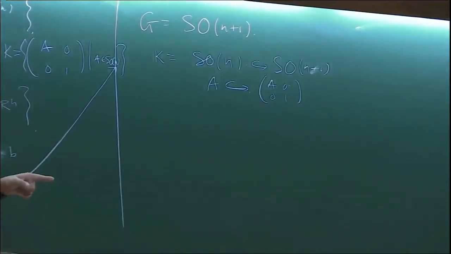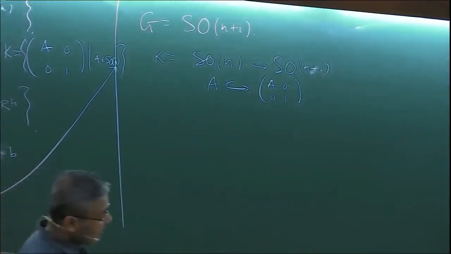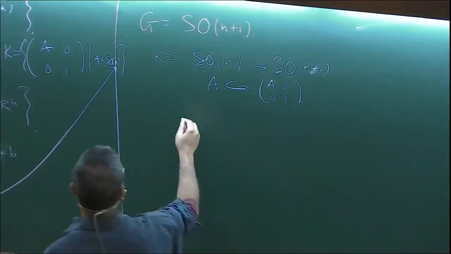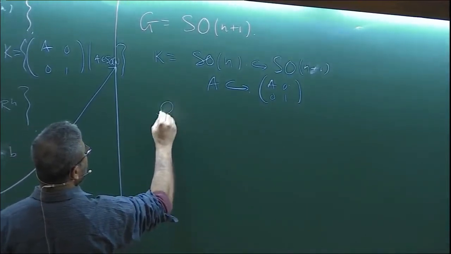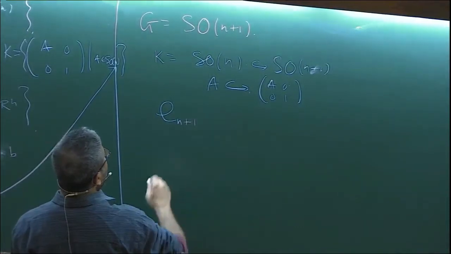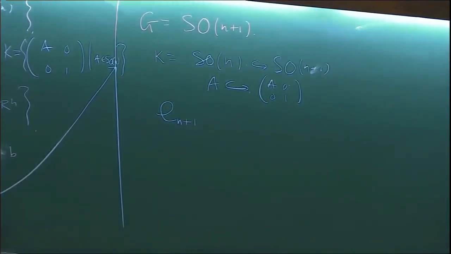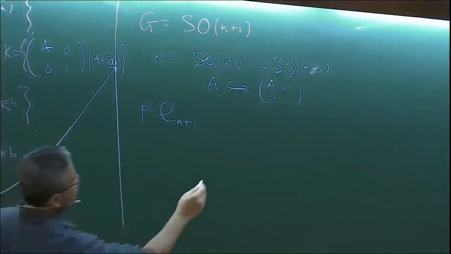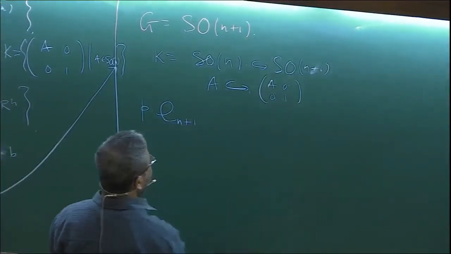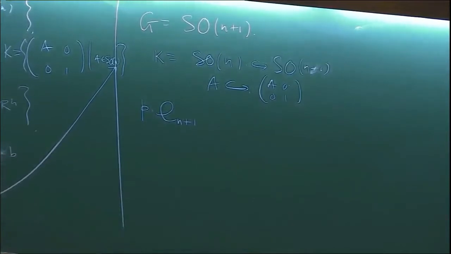That way I identify SOn as sitting inside SOn+1 in many ways, at least two different ways that one can think of immediately. But this is the embedding that I'm taking, because I'm here considering e_{n+1} as my reference point p. The stabilizer of e_{n+1} is just going to be a matrix of this form, because it's an orthogonal matrix. It keeps e_{n+1} invariant, so it keeps the orthogonal complement of that invariant.